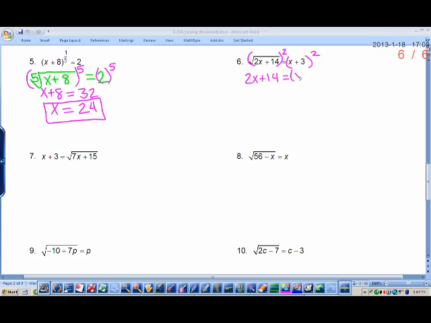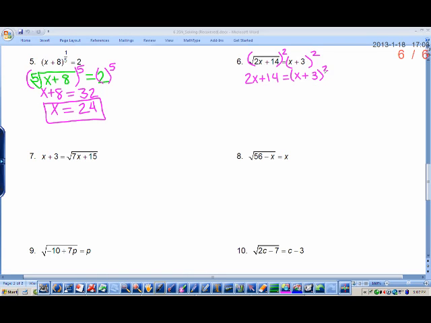And then I get x plus 3 squared. Remember, you are not allowed to distribute this 2. You have to multiply out x plus 3 times x plus 3. Or you can remember our rule that a plus b squared is always a squared plus 2ab plus b squared.